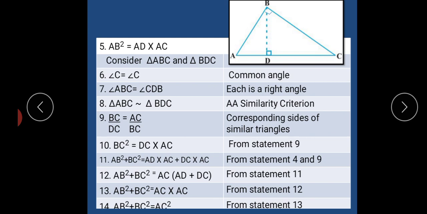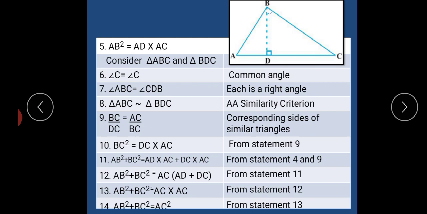Even if there are 12 steps or 14 steps, let's go ahead with the 14 steps. The first 5 steps and the second 5 steps are exactly similar. That is, they have a common angle, each is a right angle, AA similarity criterion, corresponding sides of similar triangles, and so on. So it is not very, very difficult to remember this. Remember the concept.